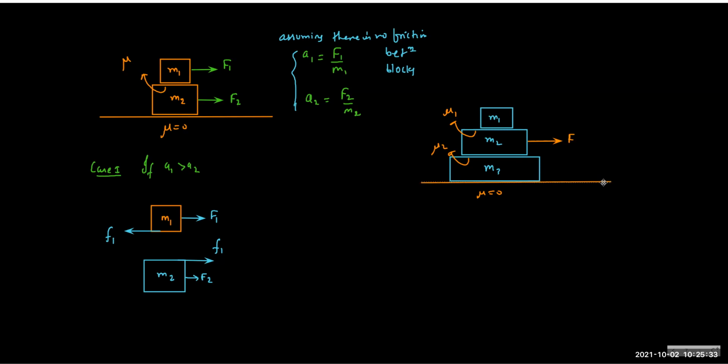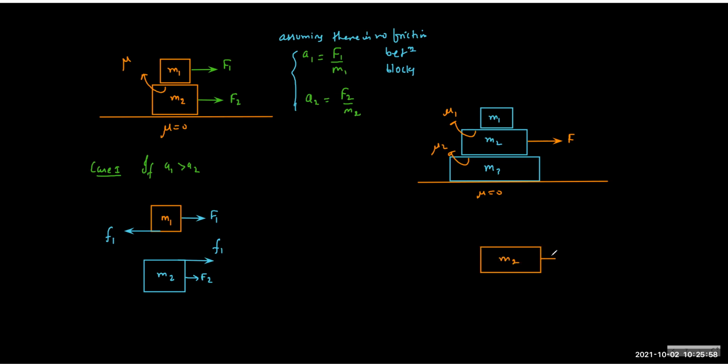Which block will create the tendency? Is it M1, M2, or M3? M2, correct. So M2 is the driver, and it will decide everything else in this question.